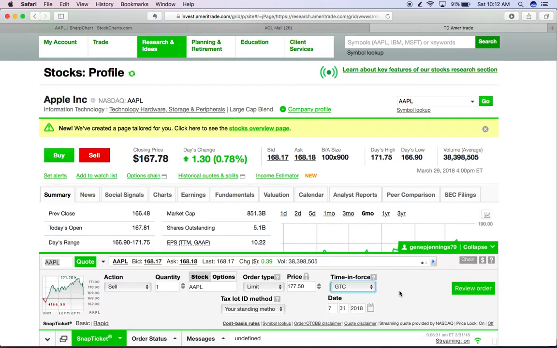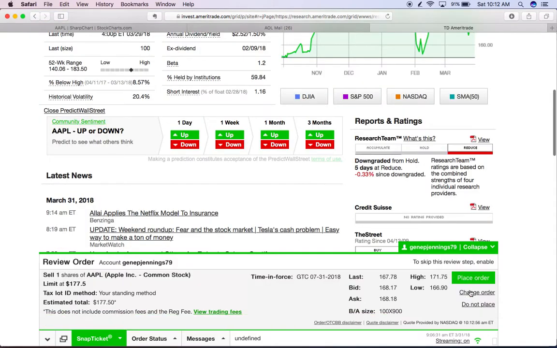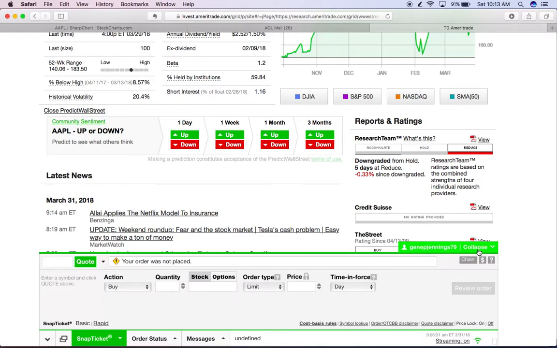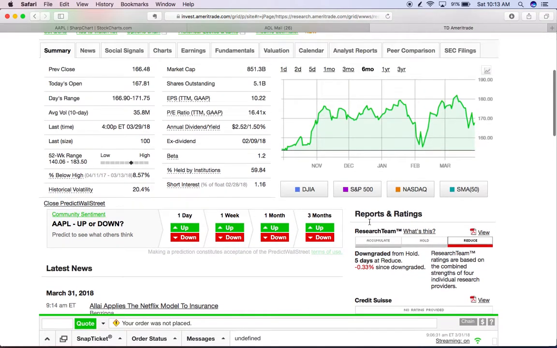And so you've bought it at, what was it, 167.50? We were going to buy it, and then we're going to sell it when it hits 177.50. Hit review. And so you're going to sell one share of Apple, limit at 177.50, estimated total 177.50. Okay. So again, you'd hit place order here. I don't want to place the order, so I'm hitting do not place and backing out of this.